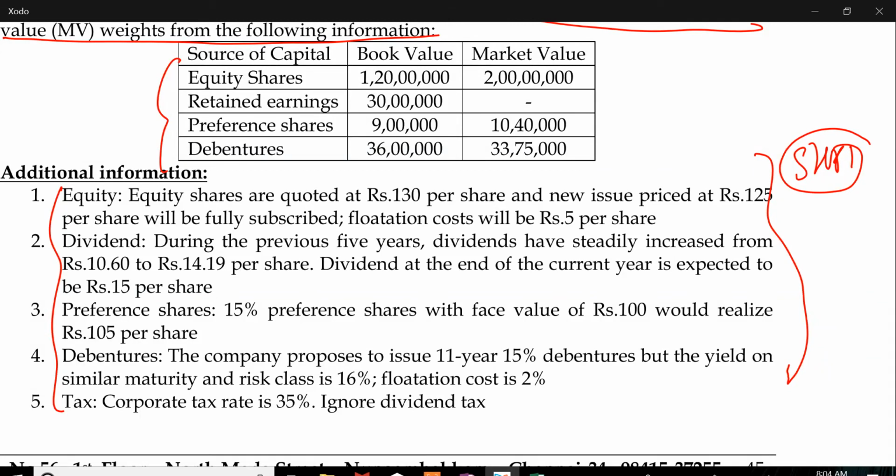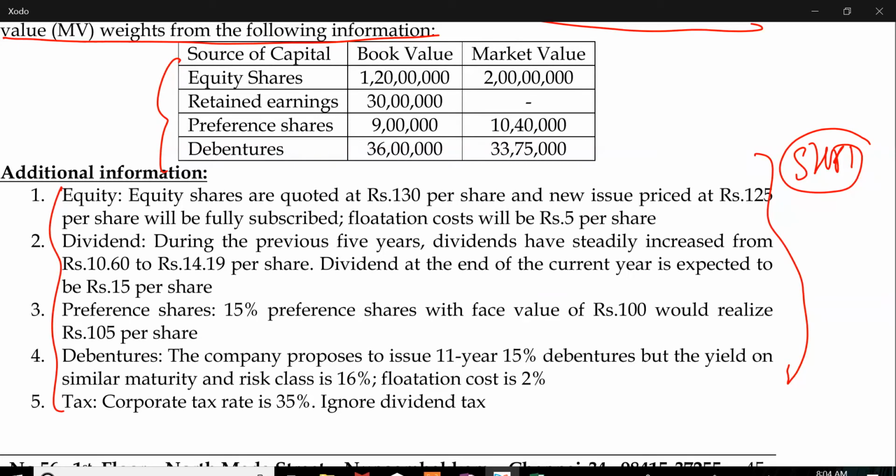So what they say is, if they give any information, then take that extra information to solve the problem as if it's a new issue. If that is not possible, then solve the problem as if it's an existing issue. Wherever possible, solve the problem as if it's going to be a new issue. If not possible, then only you will solve the problem as if it's an existing issue.